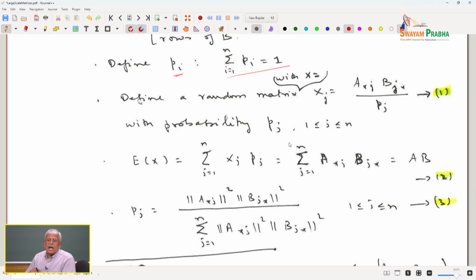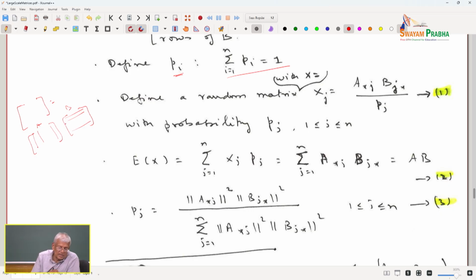There is another way of recovering the matrix product, like this. This is the matrix C, this is the matrix A, this is the matrix B. So, what is one way to put it? I take the first column and the first row, and get an outer product. I take the second column and second row, and get an outer product. I take the nth column and nth row, and get an outer product.